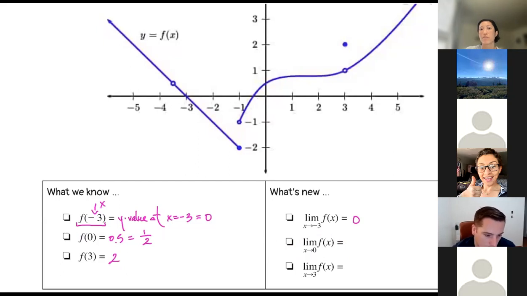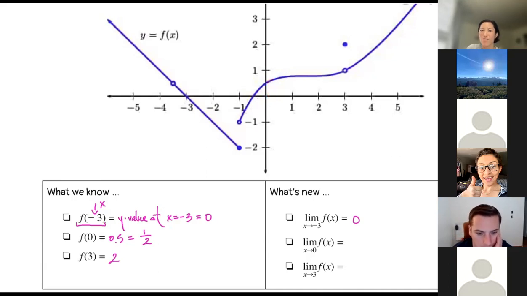What's a number really close to 0? 0.1, okay. And so when I go to 0.1, that might be right here. I'm going to go up to that function. What y value is that getting really close to? 0.5, I love it, okay.